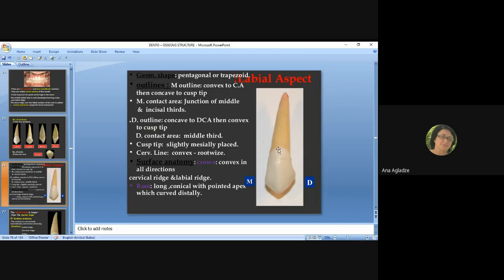You can see that cervical ridge is less convex, and the root is long, conical, with pointed apex.